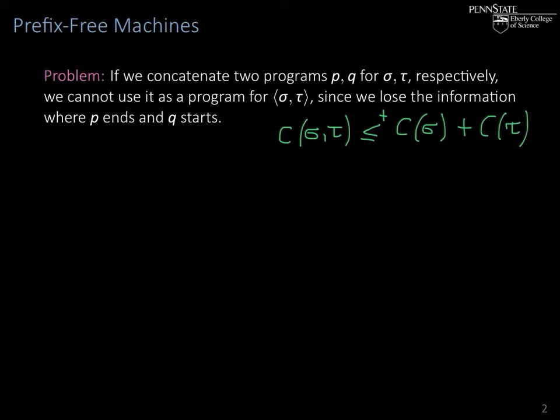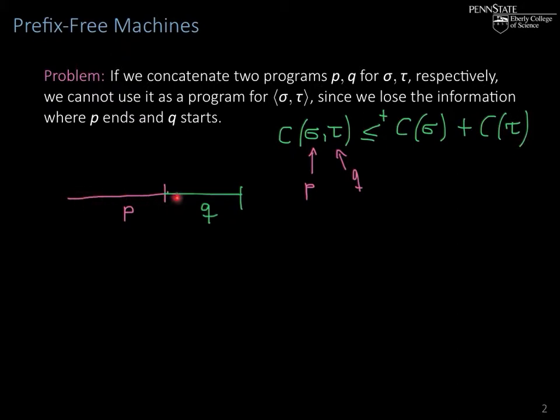But the problem here was that if we have two programs, one for sigma and one for tau, and we're trying to build a program for sigma and tau together by just concatenating the two, so we have P and then Q, and assuming that both P and Q are shortest programs for their respective strings, then this string would have combined length complexity of sigma plus complexity of tau.